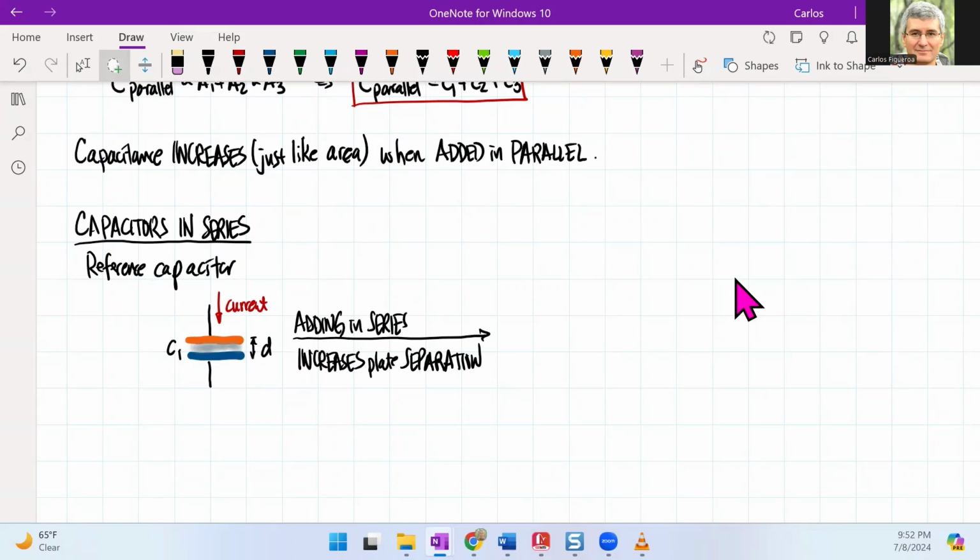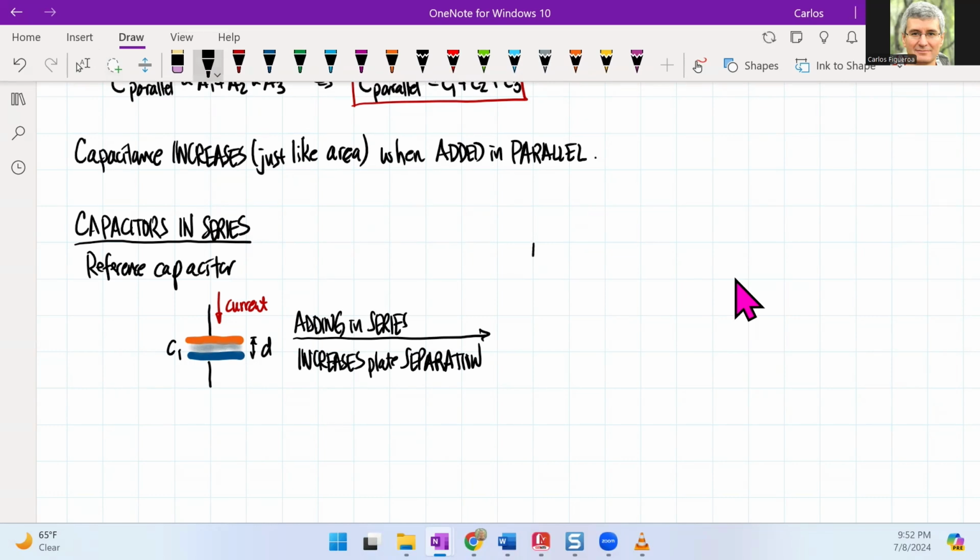So how do we see this here? What I need here is a combination of capacitors. I'm going to change my color coding to make it a little bit more clear. So now I have 3 capacitors.